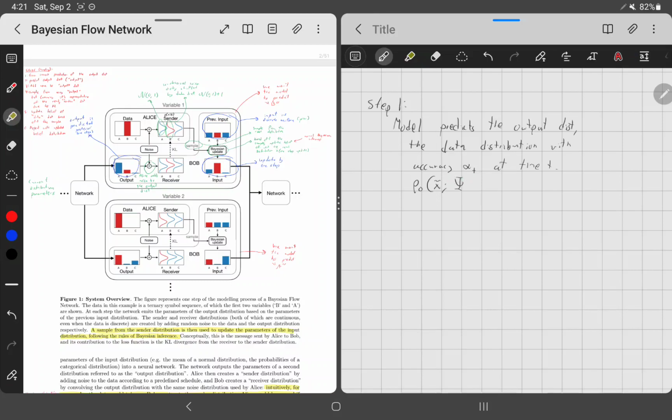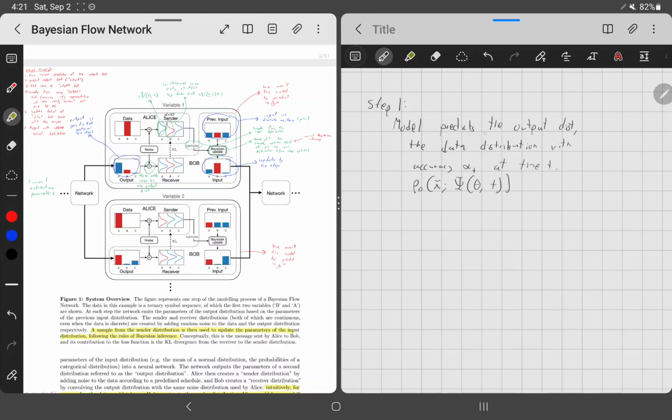This output distribution, p sub o, is parameterized by a model, which is this Greek letter. I forget what that Greek letter is.